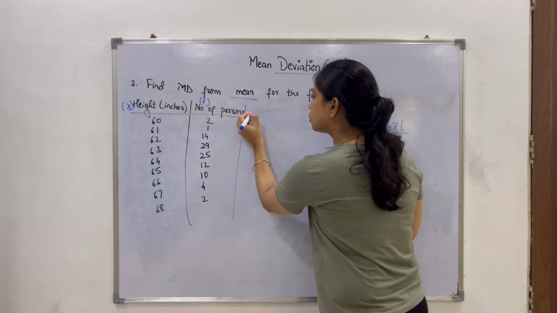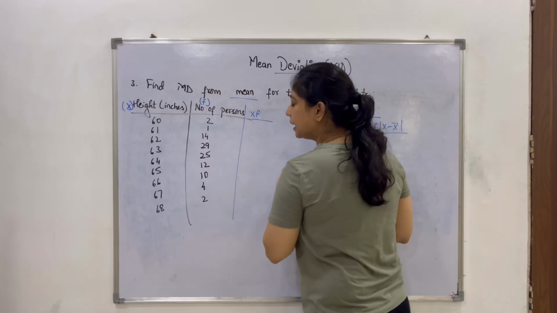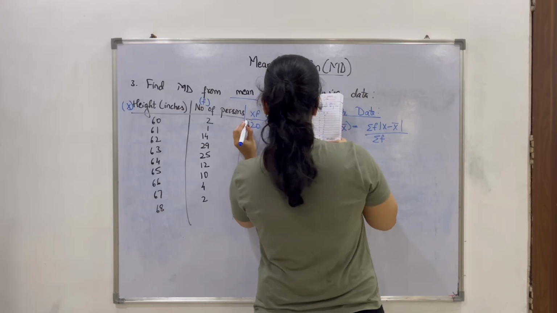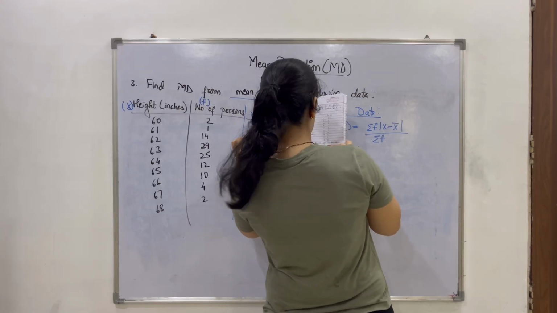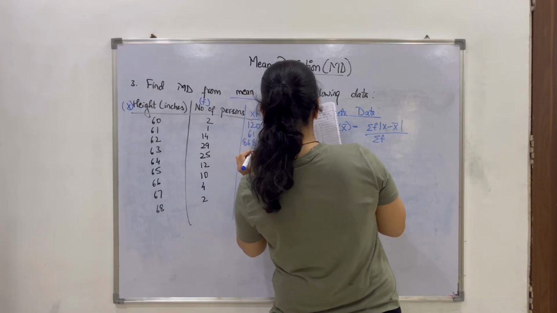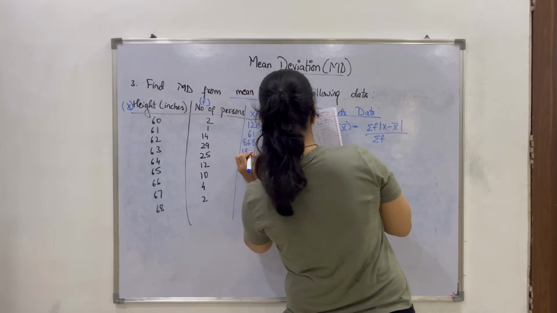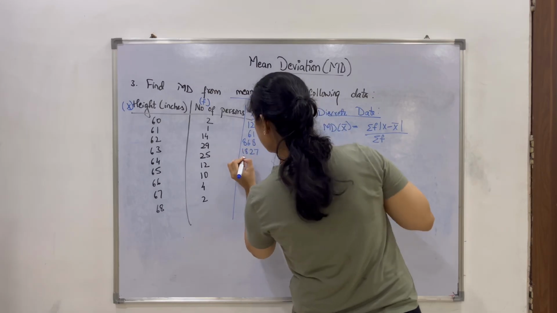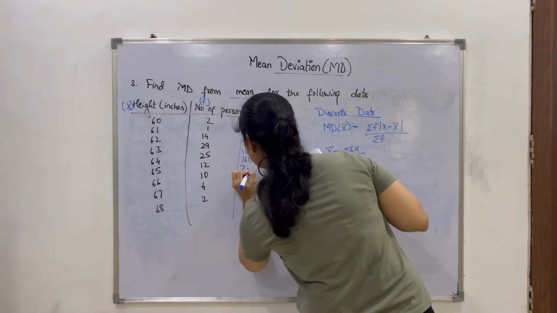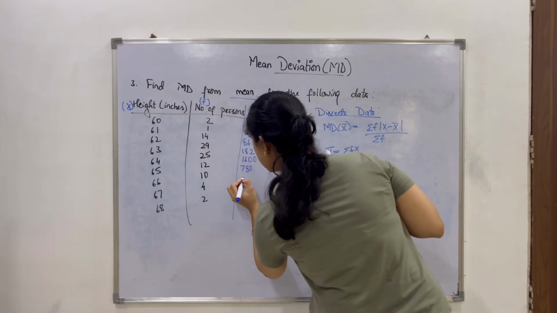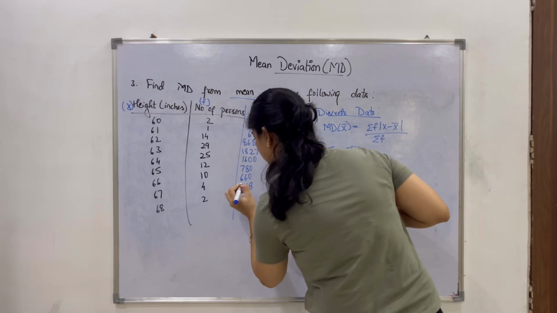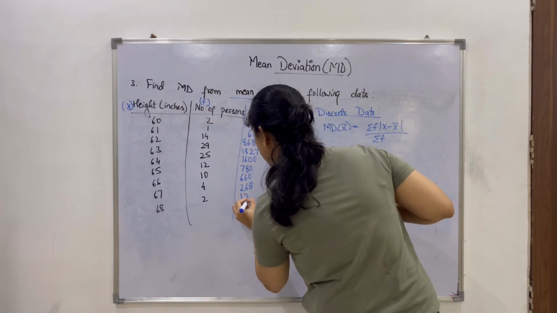So let us make another column x into f and write down the answers for this, which is 120, 61, 868, 1827, 1600, 780, 660, 268 and 136.